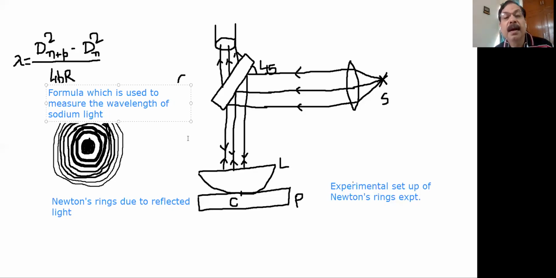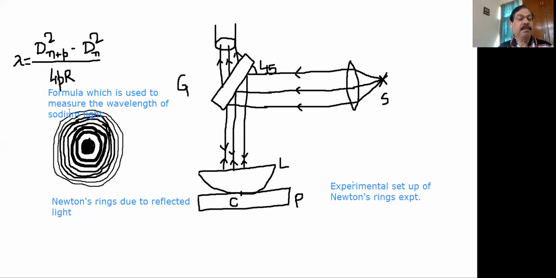Using this formula, lambda is equal to D n plus p whole square minus D n square, divided by 4 P R, we can measure the wavelength of sodium light. Again, I want to describe this experimental setup.